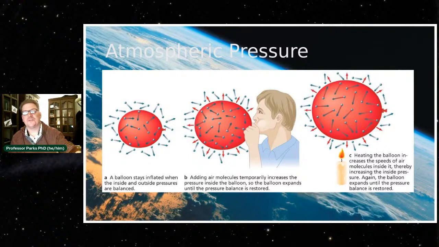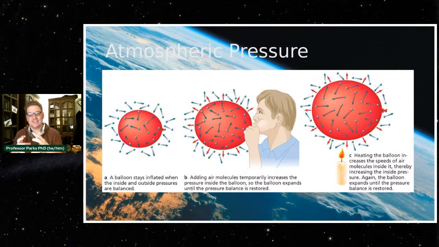Let's talk about atmospheric pressure. Atmospheric pressure is different than gas pressure, in that with gas pressure, essentially you need a container, but certain principles still do apply. With gas pressure, this is an example: you have a balloon, basically gas which is contained.